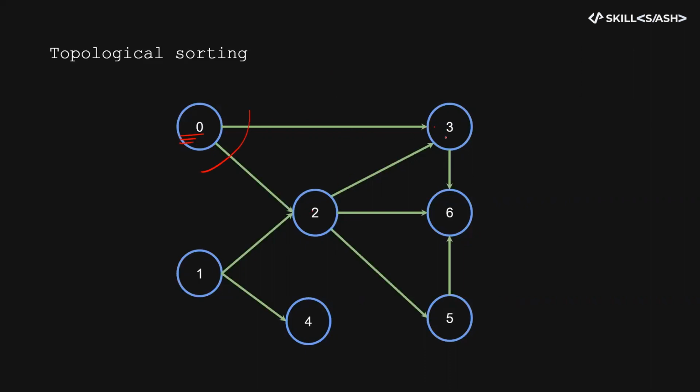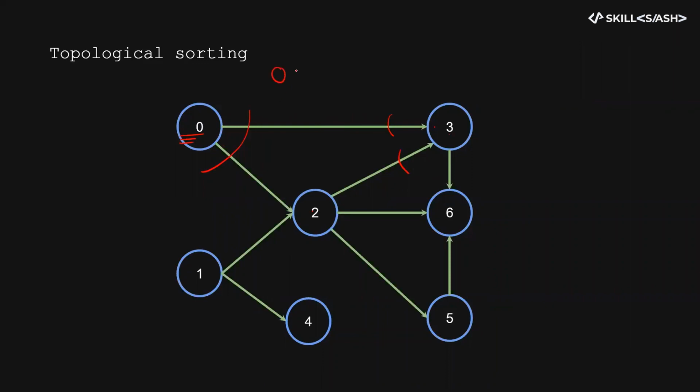And to execute 3, 0 should be completed and 2 should also be completed. So if you have such dependencies, how can you process all the nodes, or what is the order of the nodes processing?